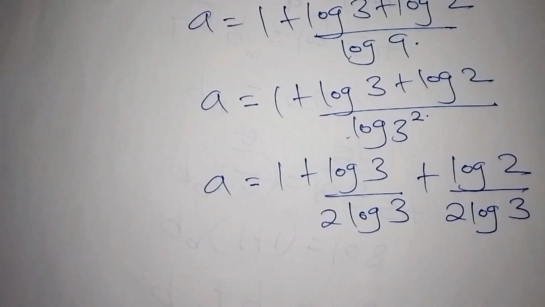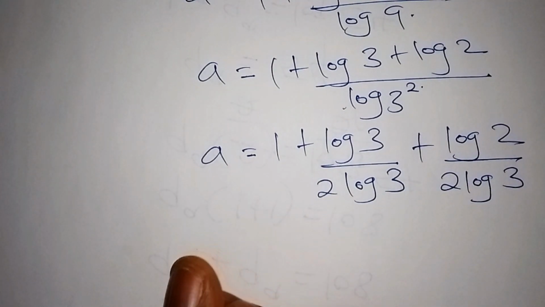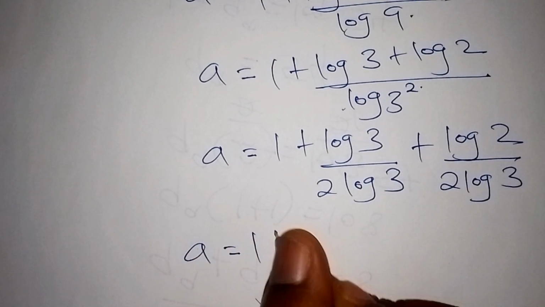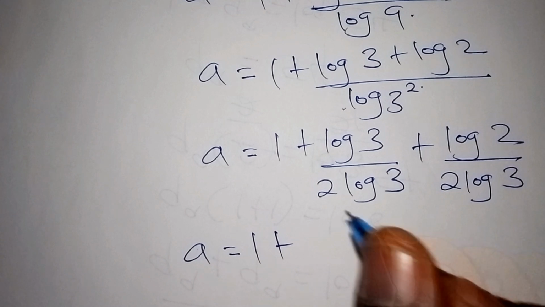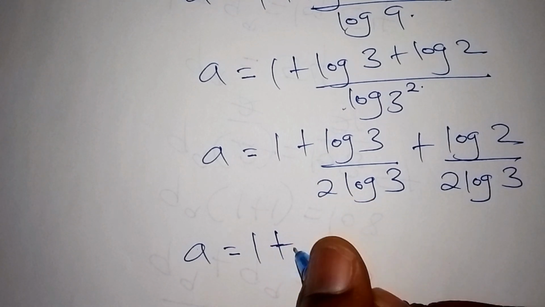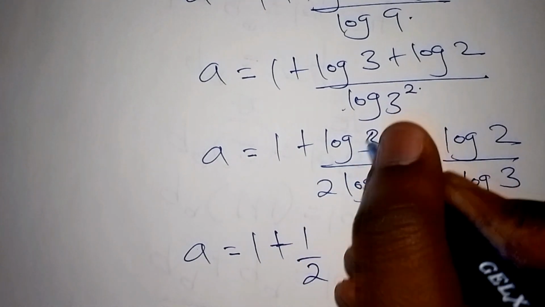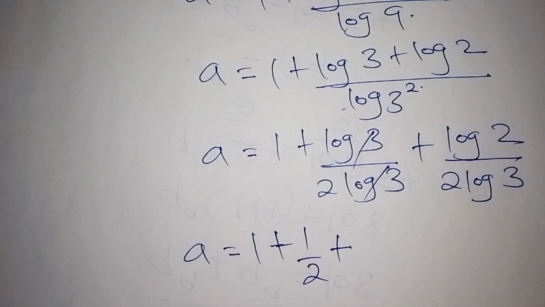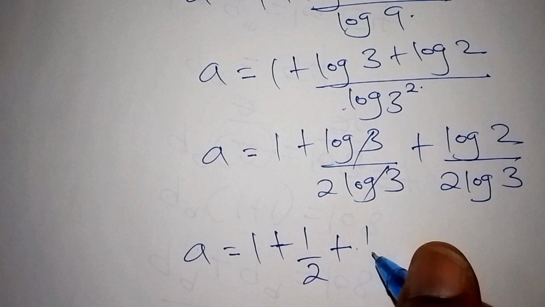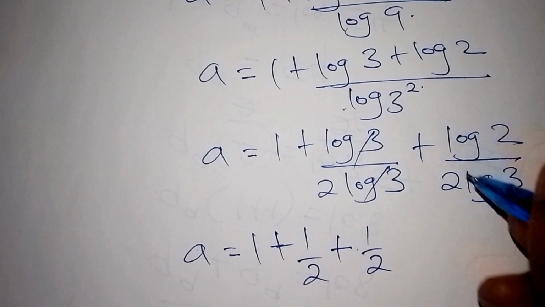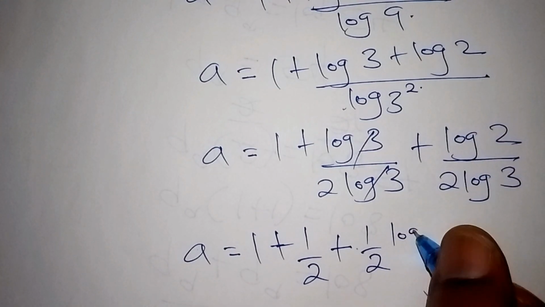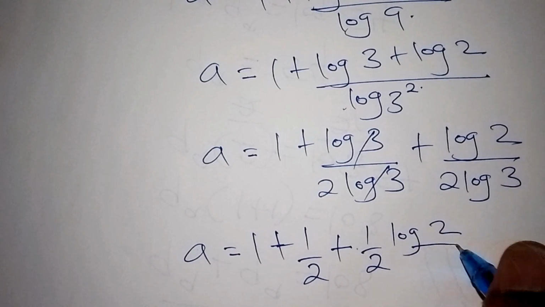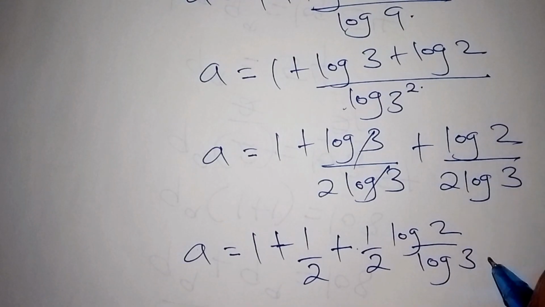So our value for a is 1 plus a half, because the log of 3 and the log of 3 cancel, plus a half log 2 over the log of 3.